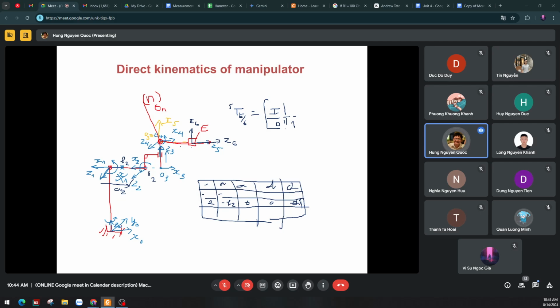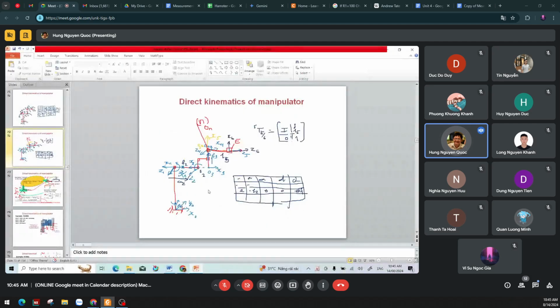I just call this L6, or L5 or something like that. The distance from here to here should then be 0, 0, and L5. That is just the translation matrix. Okay, let's go back to this one.